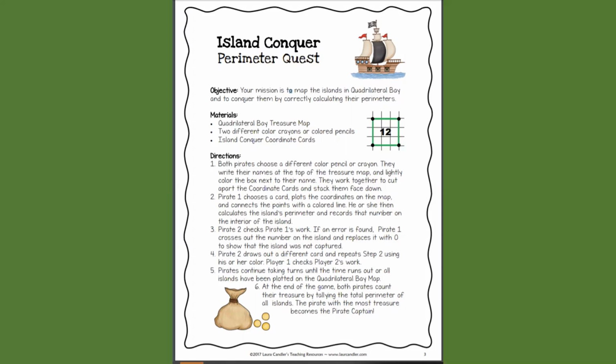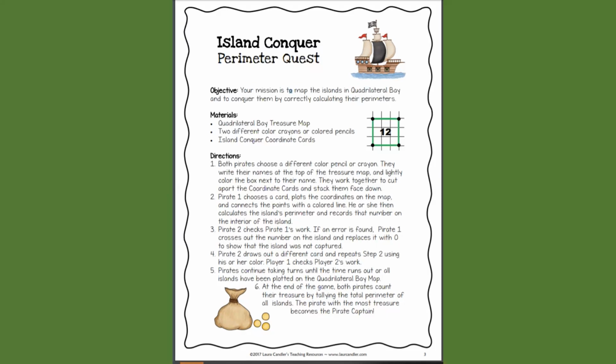The things that you will need to play this game are the Quadrilateral Bay treasure map, which is just grid paper, two different color crayons or colored pencils, and the Island Conquer coordinate cards.